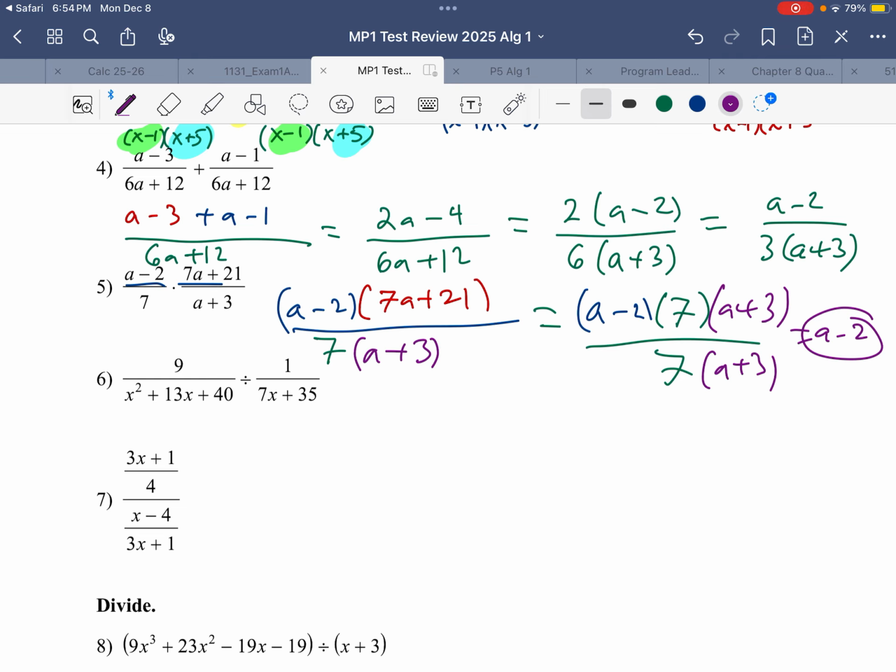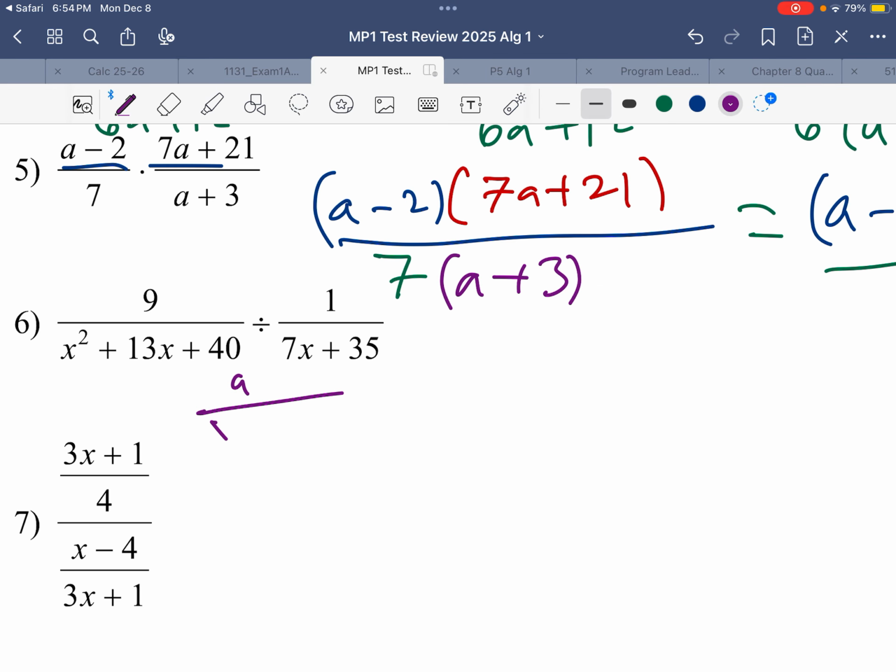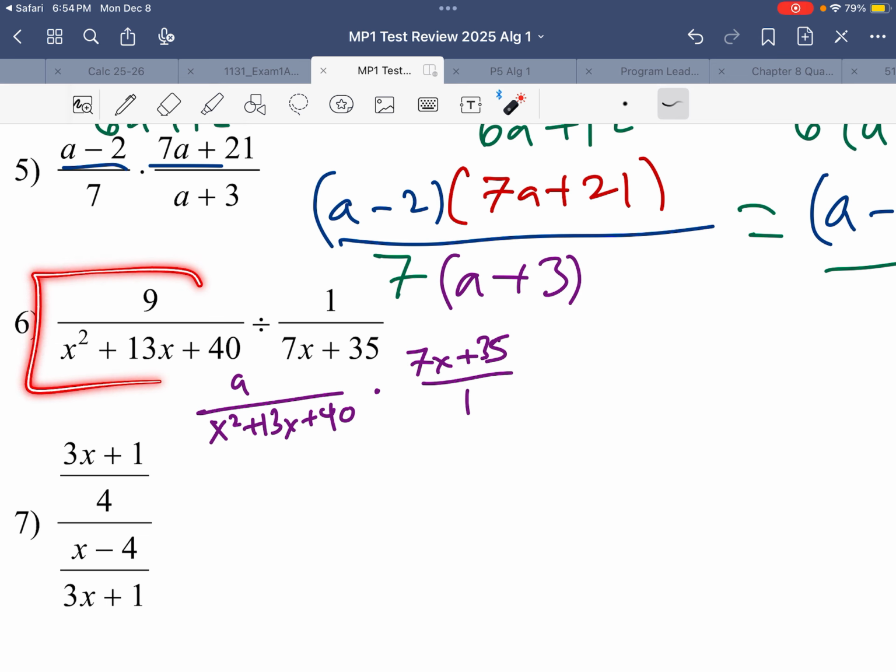I have an easier time multiplying by the reciprocal, so I can keep this as 9 over x squared plus 13x plus 40 times 7x plus 35 divided by 1. So I'm keeping this part here the same. Instead of dividing, I'm now multiplying, and I'm going to multiply by the reciprocal. So this becomes 7x plus 35.